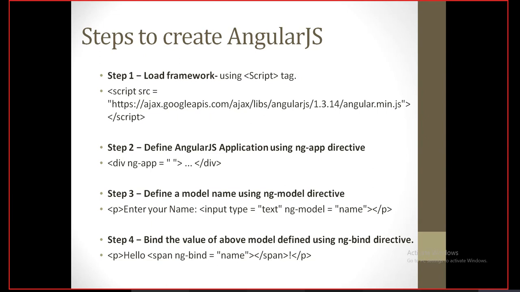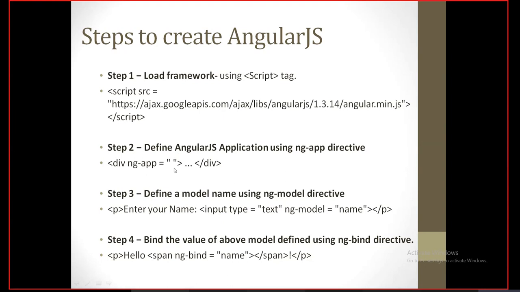So an HTML document can have more than one AngularJS module working together. For example, we are creating the AngularJS application for a particular division. For that division tag, we will define the ng-app attribute. And if it is required, we can put some name in double quotes for that particular AngularJS application module.